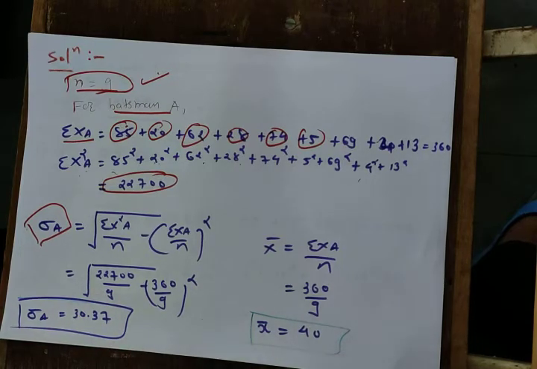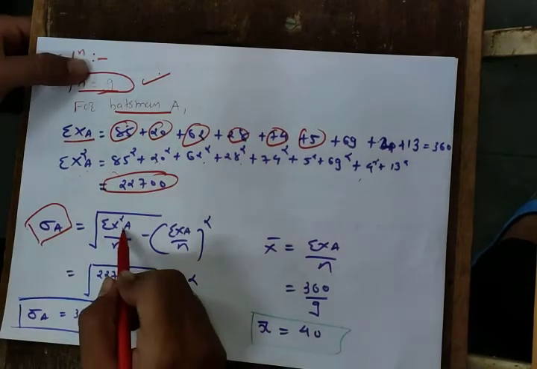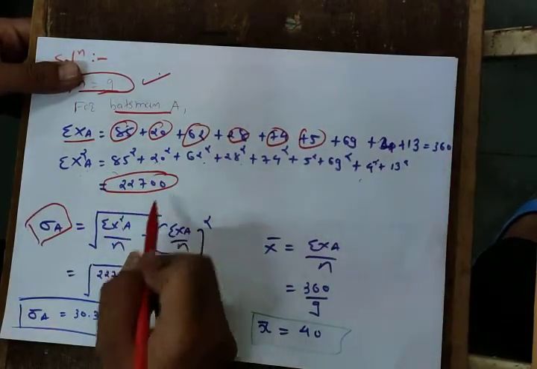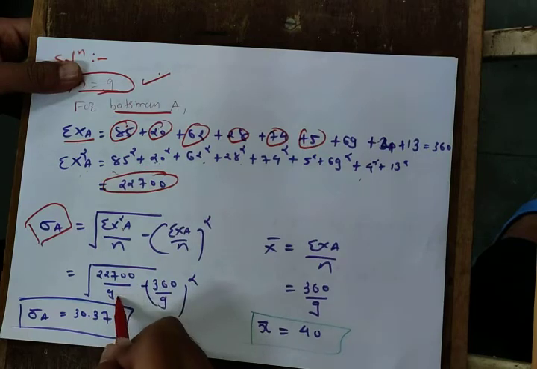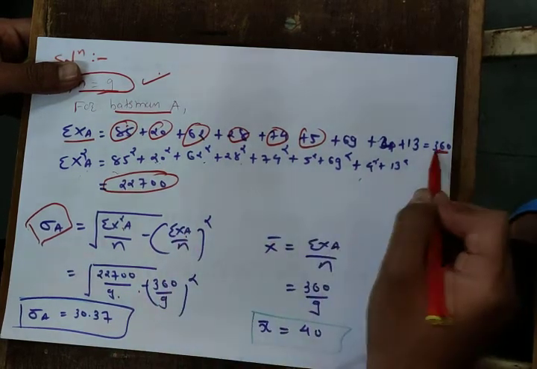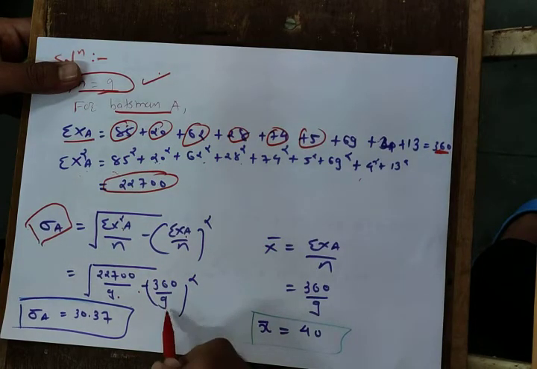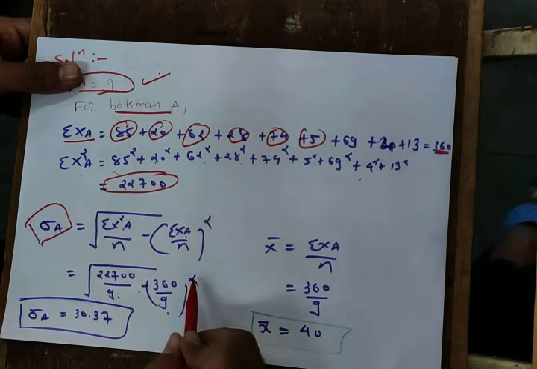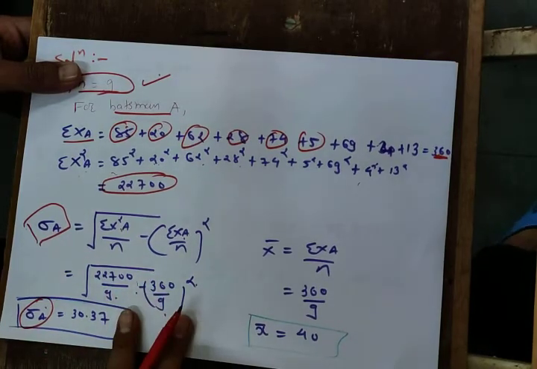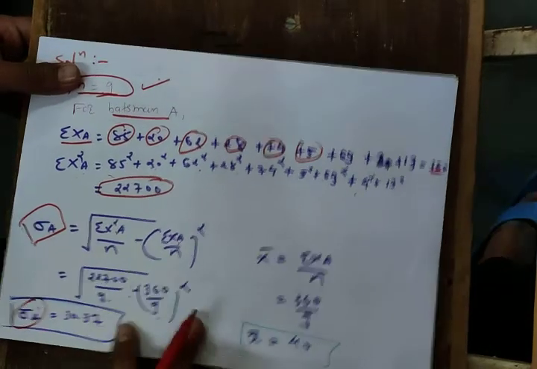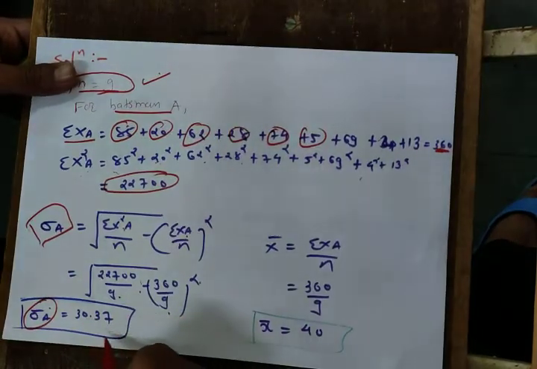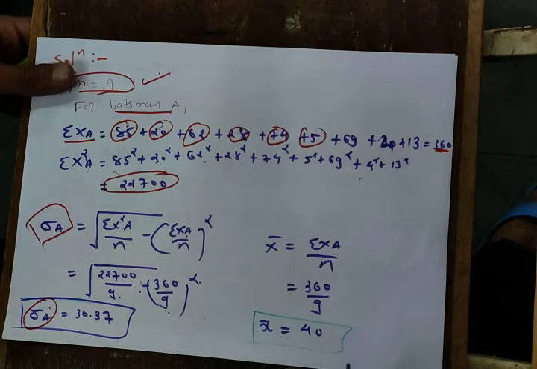I already have two values: sigma x square is 22700 upon n, the number of elements, which is 9, minus sigma x A, which is 360, upon n, which is 9, all squared. Simplifying this and then taking the square root, it gives 30.37.